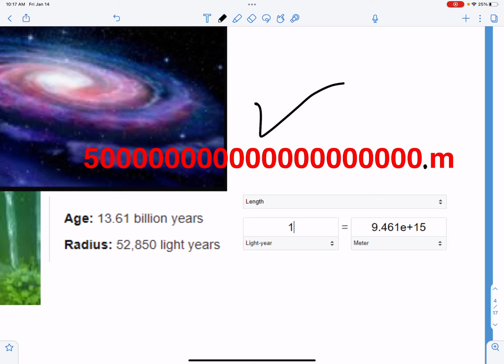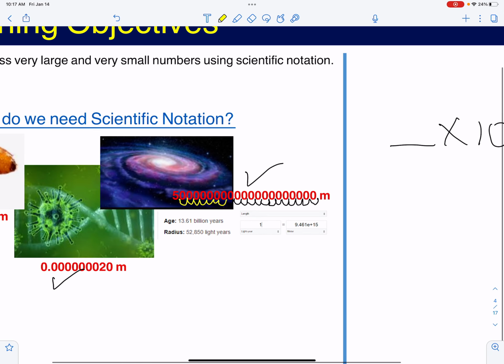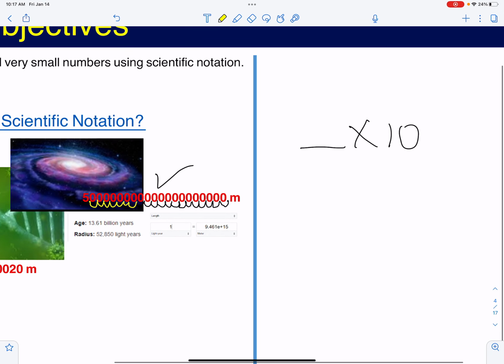So we're going to move it until we make it a number between 1 and 10: 1, 2, 3, 4, 5, 6, 7, 8, 9, 10, 11, 12, 13, 14, 15, 16, 17, 18, 19, and 20, which means we move it 20 times.